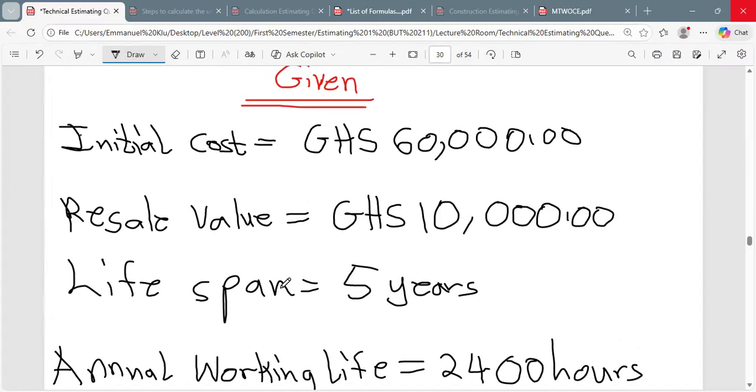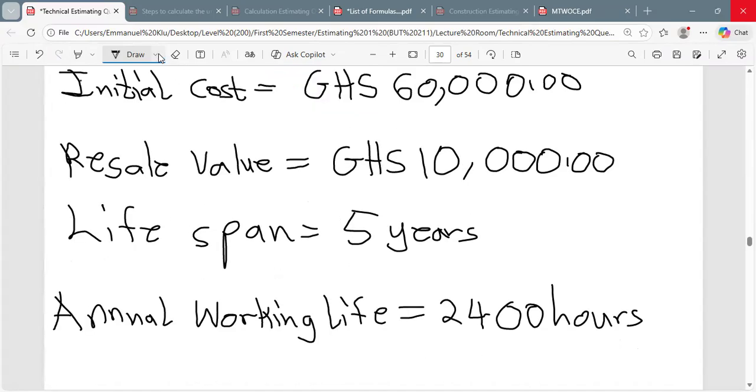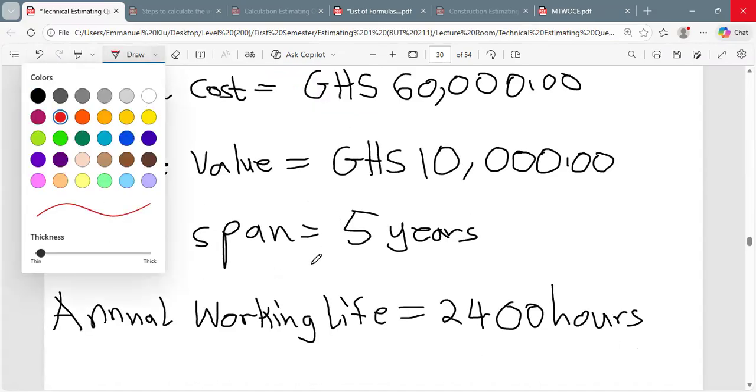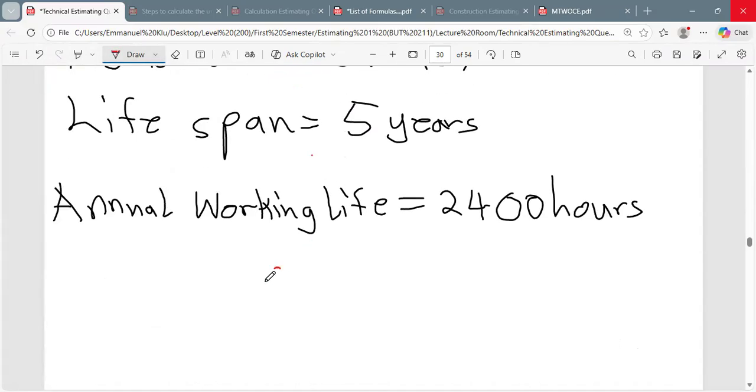Okay. So we can now proceed or continue from our solution. So this is solution.